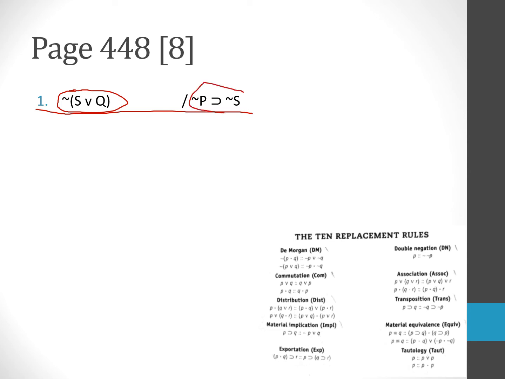Also over here, the fact that these two are negated, maybe this isn't the best reasoning, but that makes me think of transposition. So we could easily turn that into, if S then P, or if not, oops. Well, I gave it away.